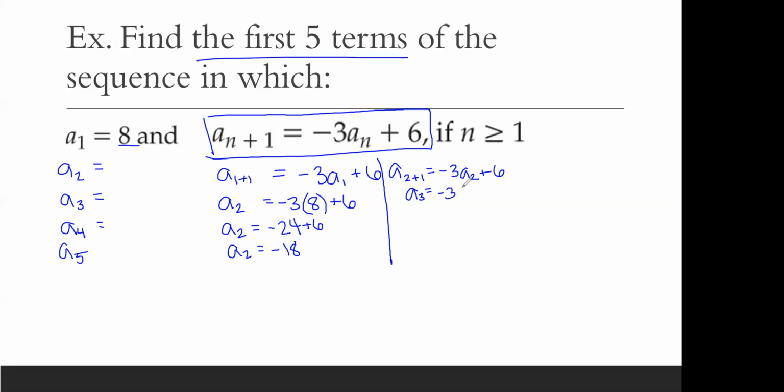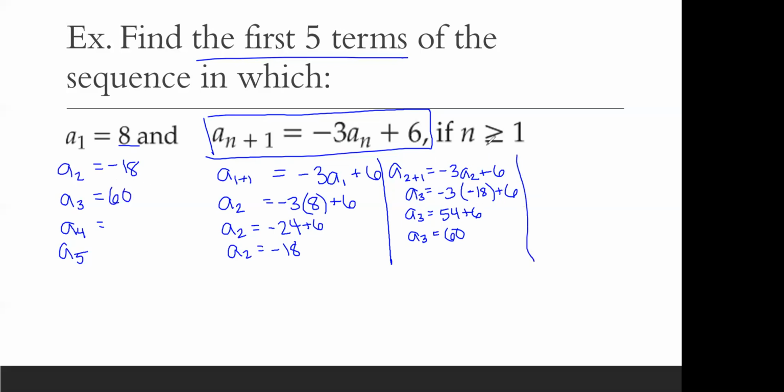That would be negative 3 times a sub 2, which we figured out was negative 18, plus 6. So the third term, a sub 3, is equal to negative 3 times negative 18, which is positive 54, plus 6, which is equal to 60. Now I've got the second term is negative 18, and the third term is 60.